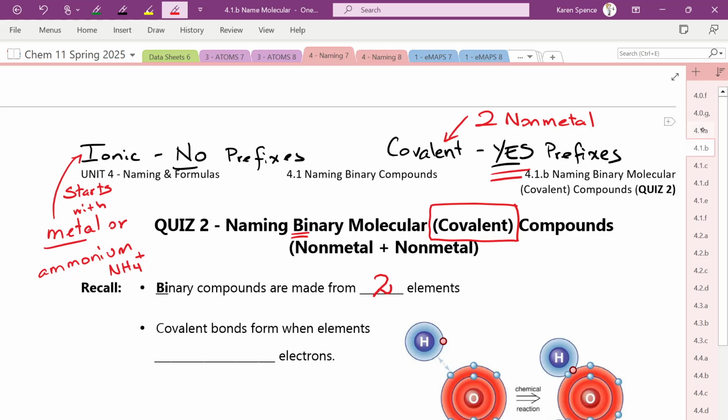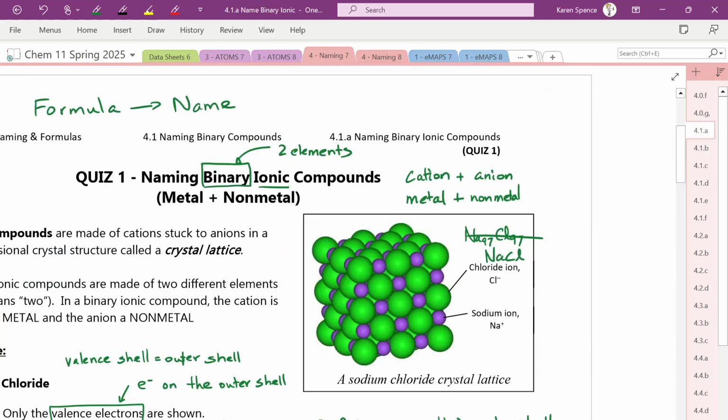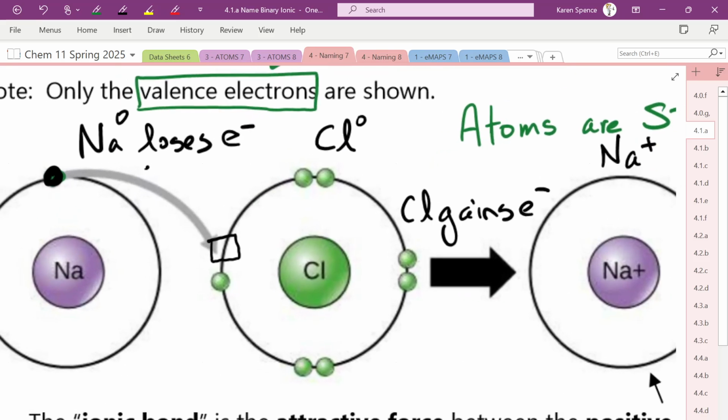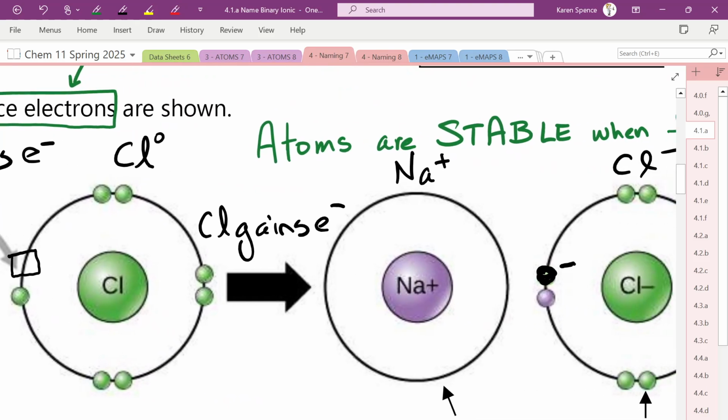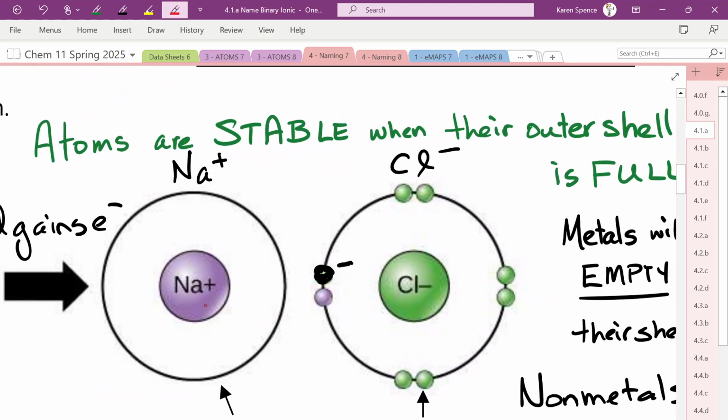And if you remember, in our last one, in the ionic compound, the metal gave electrons away, the nonmetal took electrons, the metal ended up with a positive charge, the nonmetal ended up with a negative charge. We then have an attraction between the negative and the positive, okay? That's not how covalent bonds work.